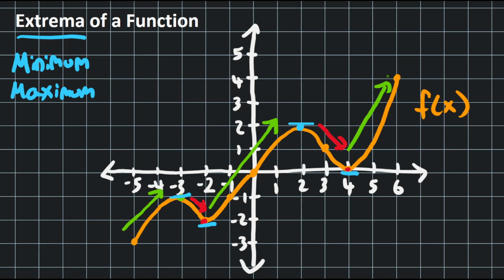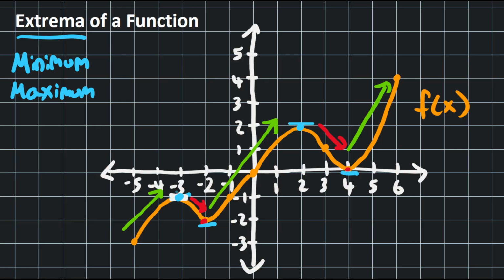So this function changes a lot. And the important part is where the function changes from increasing to decreasing. Right here, it's increasing from -5 to -3. And then it decreases right here from -3 to -2. The flat line where this function changes, this is an extrema, right here.